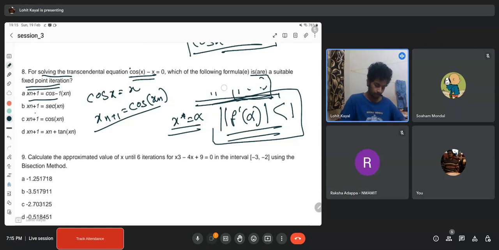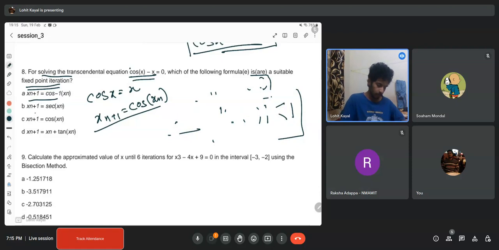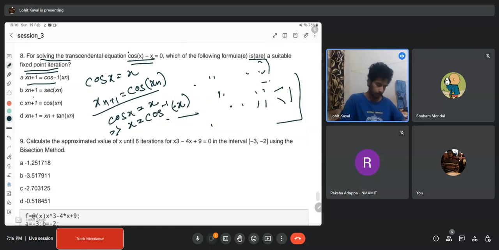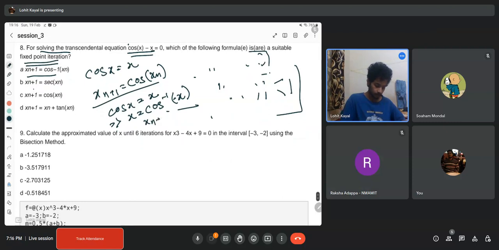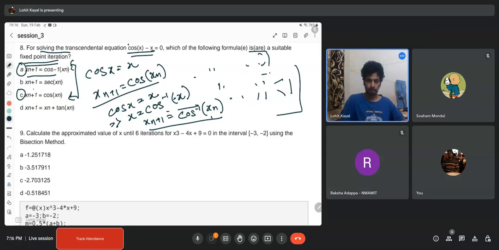Also, we can represent it in this manner: cos x equal to x implies x equal to cos inverse of x, that means x_{n+1} equal to cos inverse of x_n. So this can be another representation. So options A and C are the correct choices.